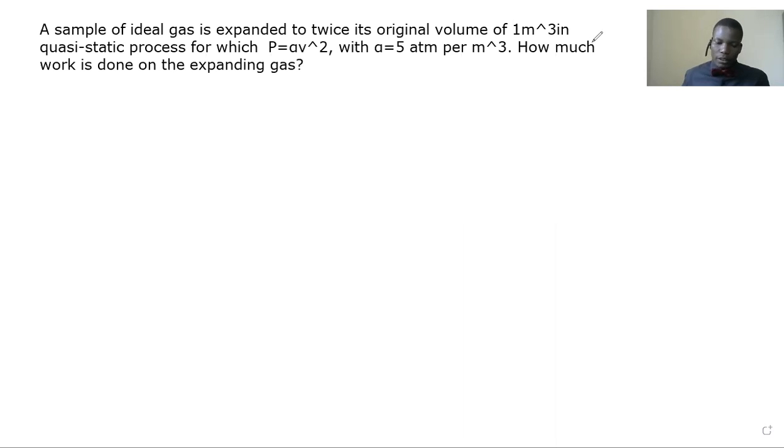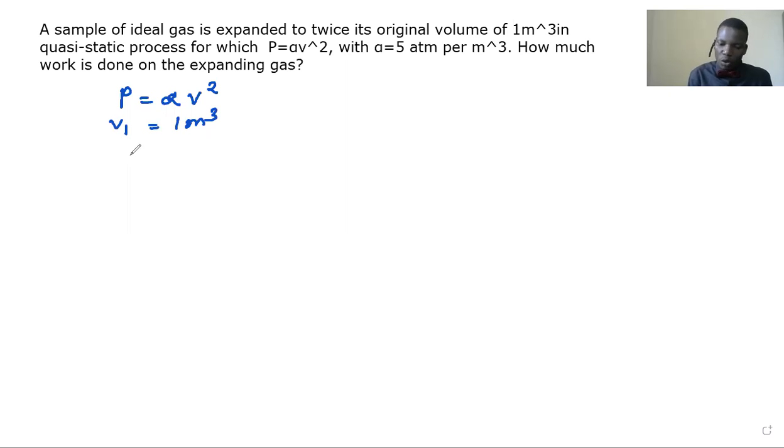In the first place, we have pressure being equal to alpha V squared. That's what we've been given. And then we have initial volume, V1, being equal to 1 cubic meter.